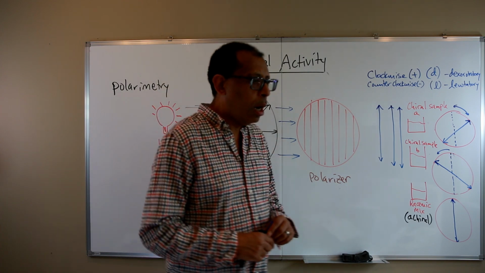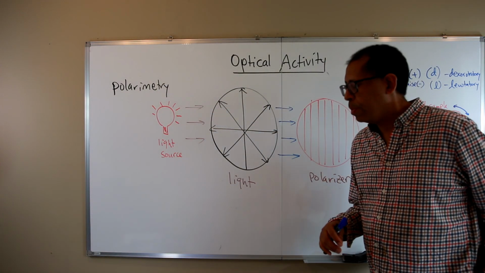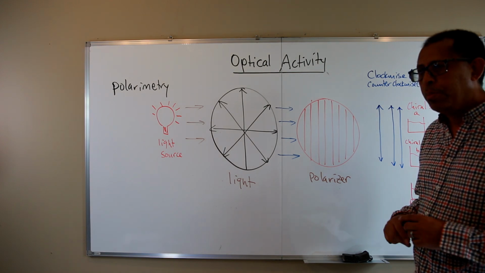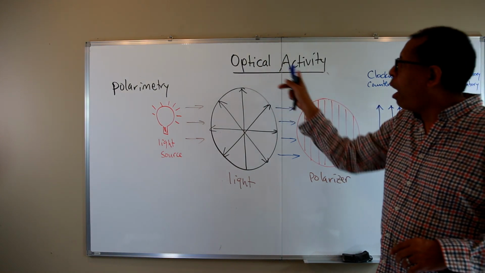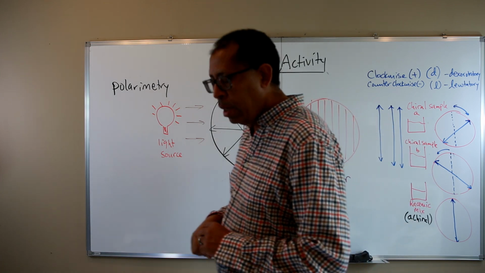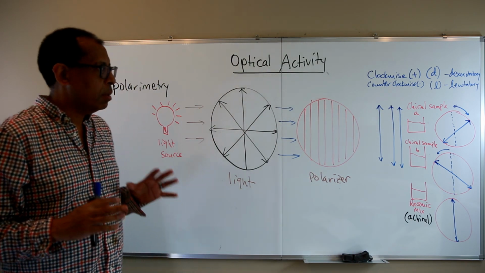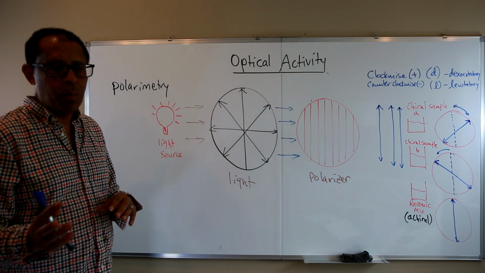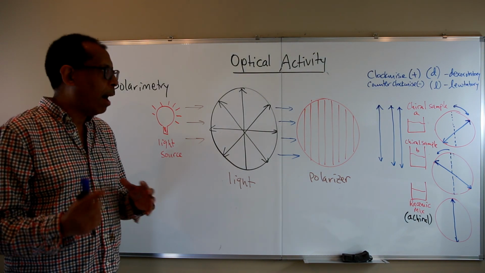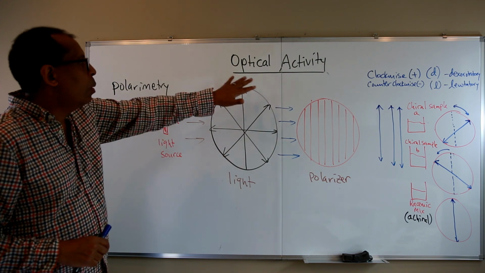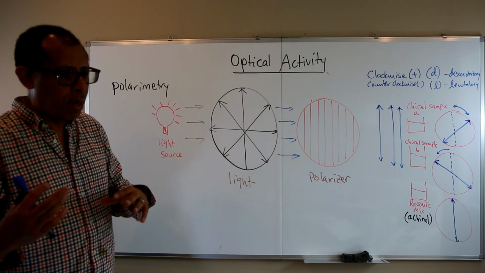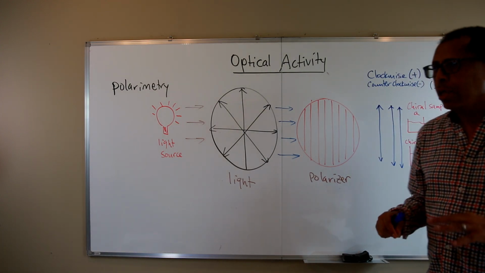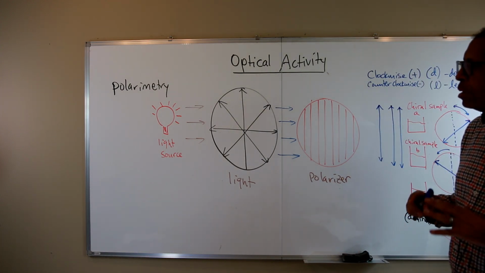The only important activity that distinguishes the two is their optical activity, meaning that their light interaction is different from one another. It actually is opposite. The optical activities of an R enantiomer and an S enantiomer are equal and opposite in magnitude.